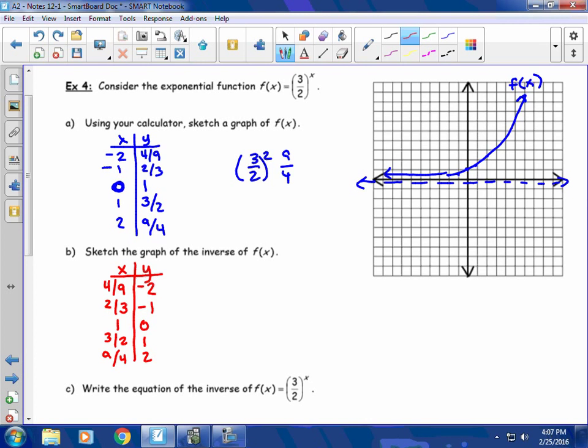So 4/9, -2 would be right about here. 2/3, -1, right about there. 1, 0. 3/2, remember, is 1.5. 1 would be right about there. Then 9/4, which is a little bit more than 2, and 2 would be right about there. Connect those, and there's your graph. This is f inverse of x, and it would have a vertical asymptote at x equals 0.